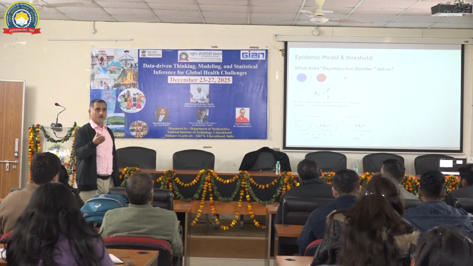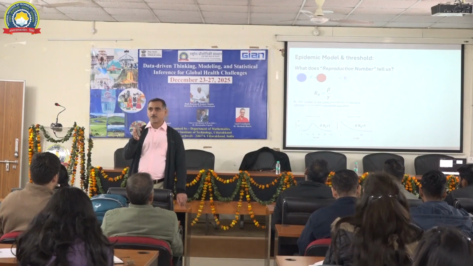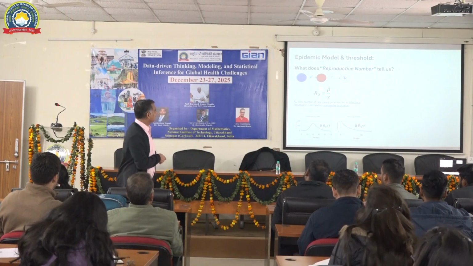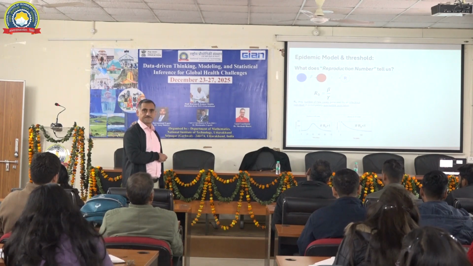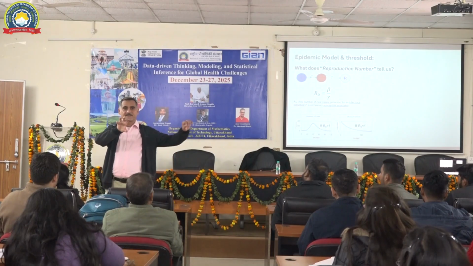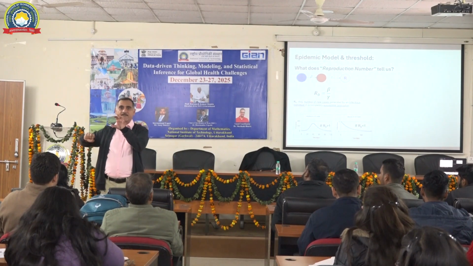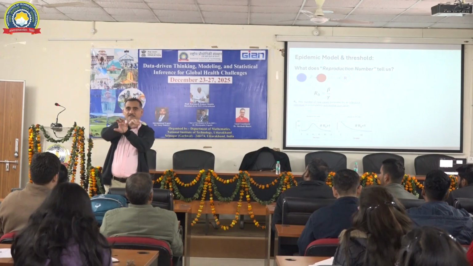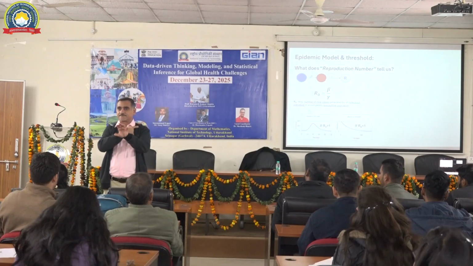So the tipping point is R0 equal to 1. R0 is the ratio of what is coming in divided by what is going out. If you have a box, something is coming in and something is leaking out, so how many there are depends on the ratio of this versus this.